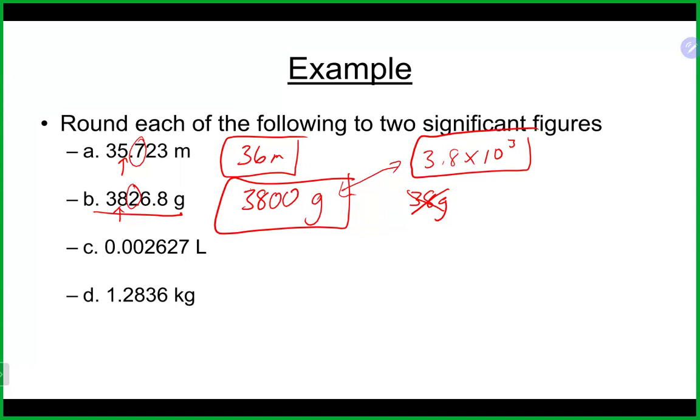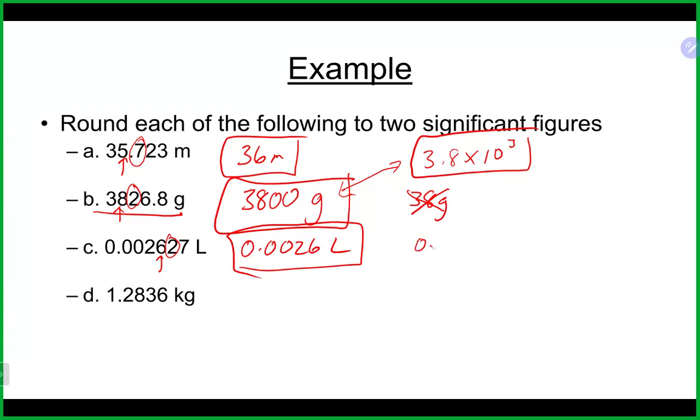Other questions? All right, so here, the second significant figure is at the 6. We're going to look at the 2, which is going to help us decide. And the 2 is less than 5, so we are going to drop it in this case. Why did I not leave them as zeros at the back end here?